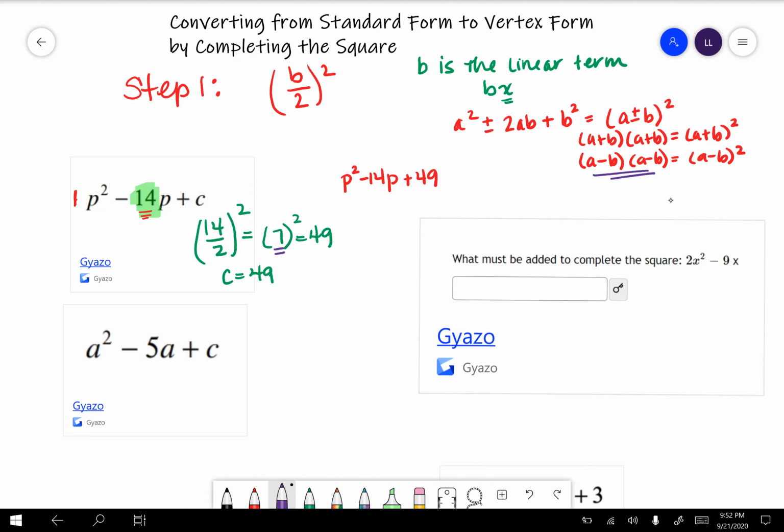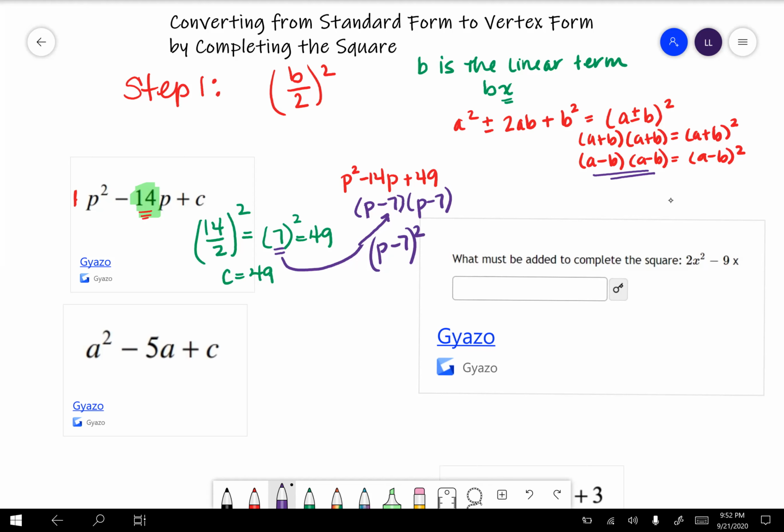So I'm going to take this number and put it in this parenthesis. So it's actually p minus 7 times p minus 7. That gives us p squared minus 14p plus 49. So p minus 7 times p minus 7 can also be written as p minus 7 squared. And therefore, we have created a perfect square trinomial.